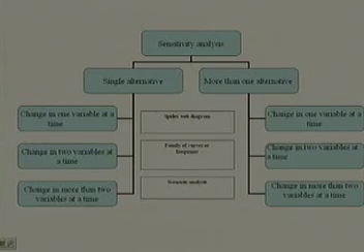The sensitivity analysis being performed for a single alternative, and the second category would be for more than one alternative. Now, in single alternative we have different cases. We can change one variable at a time, we can change two variables at a time, and we have an option of changing more than two variables at a time.